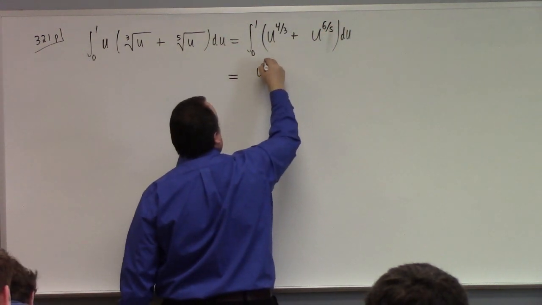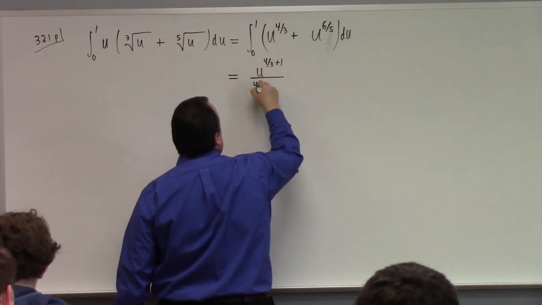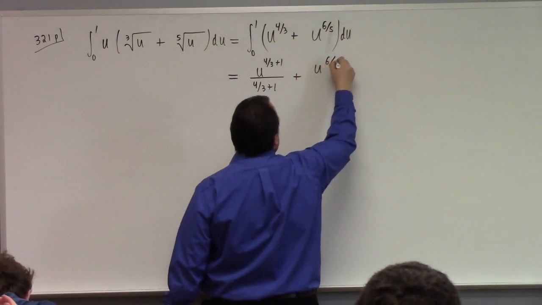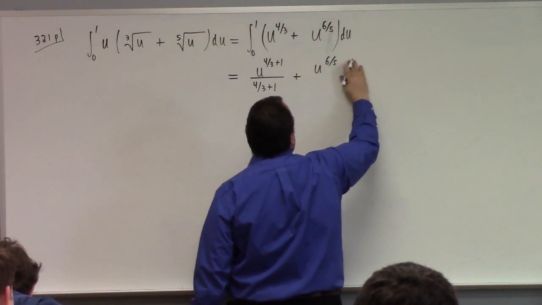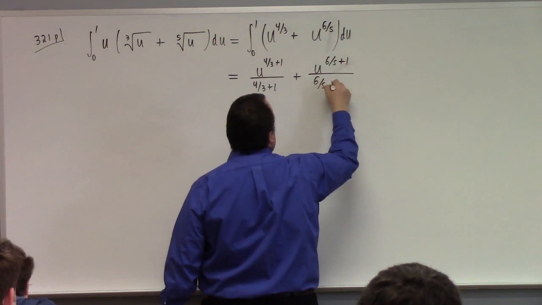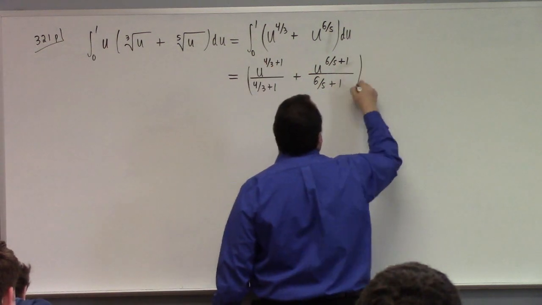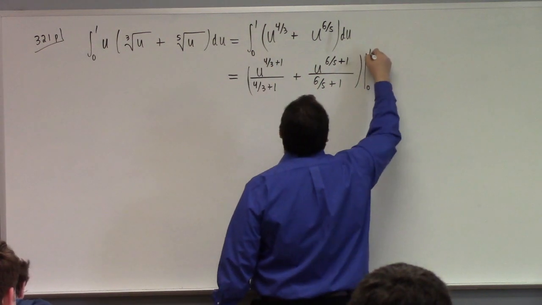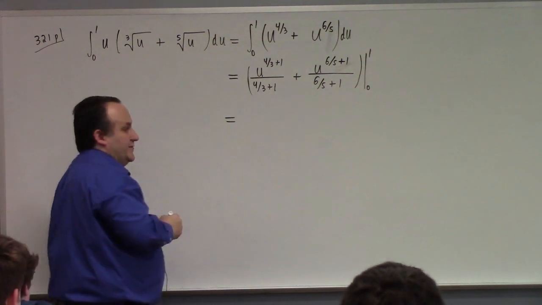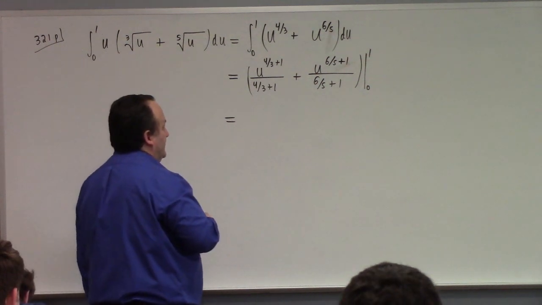So we have u to the 4/3 plus 1 divided by 4/3 plus 1, plus u to the 6/5 plus 1 up here in the exponent divided by 6/5 plus 1. What is 6/5 plus 1? 11/5. What's 4/3 plus 1? 7/3.